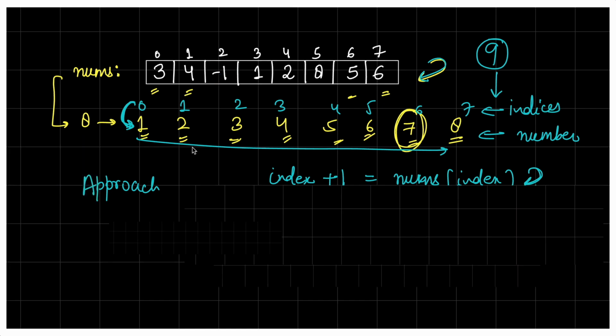One very basic approach which we can think of is we create a set of these numbers, and we start iterating from 1 till 8. We'll check whether 1 is present, condition true, 2 is present, true, 3 is present, true, 4 is present, true, 5 is present, 6 is present.